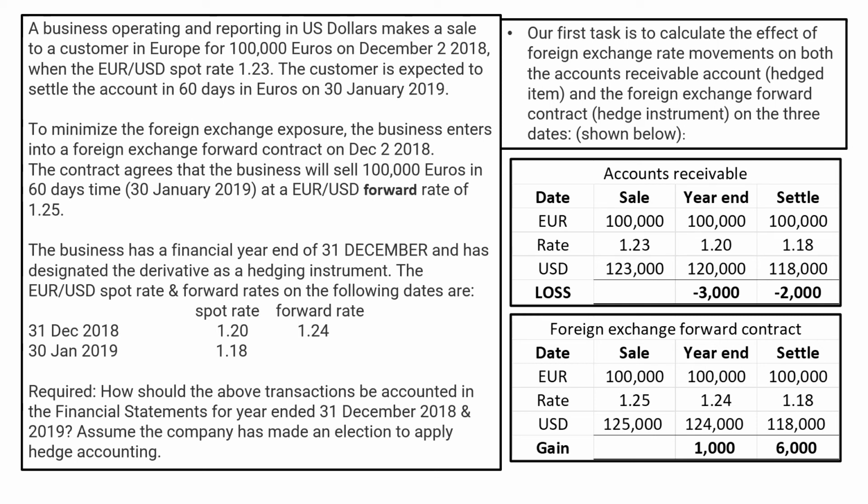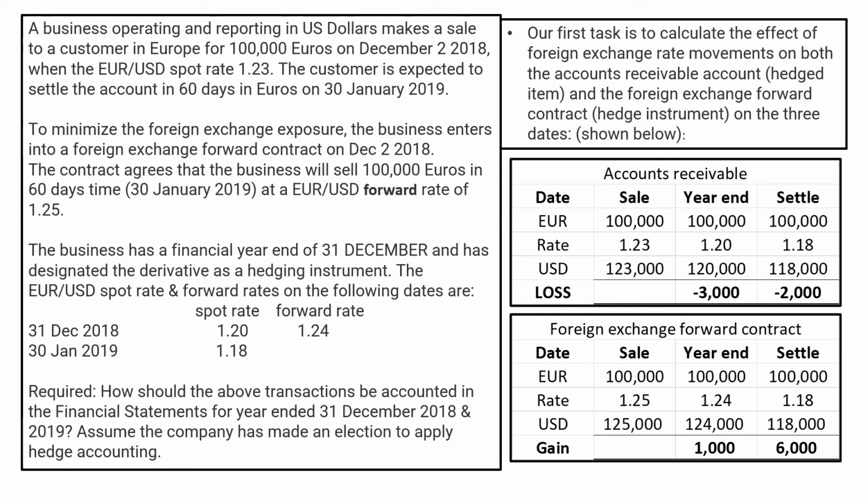At the year-end, the forward rate is now 1.24. The dollar has strengthened, and you're only going to get $124,000 if you take this forward rate. If we take the difference, the value of this FX forward contract account is $1,000.